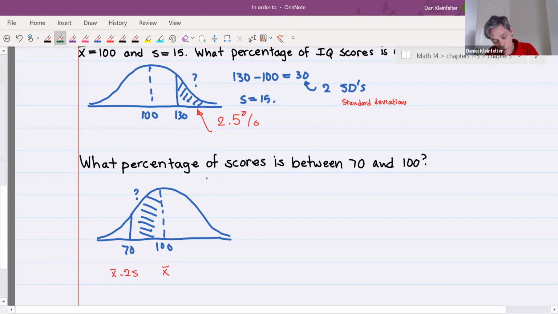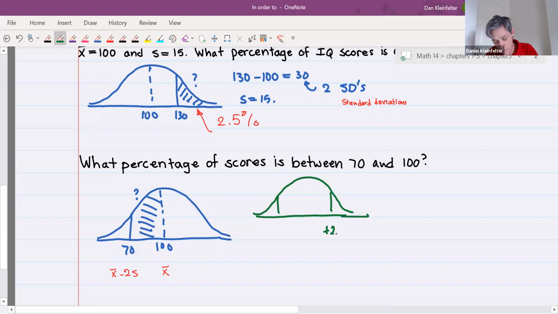Okay, so we know from our earlier work that if we were to go 2 standard deviations above or 2 standard deviations below, that would capture 95% of the data.